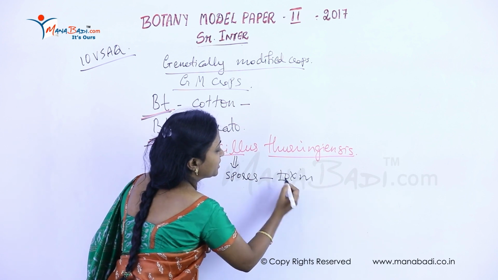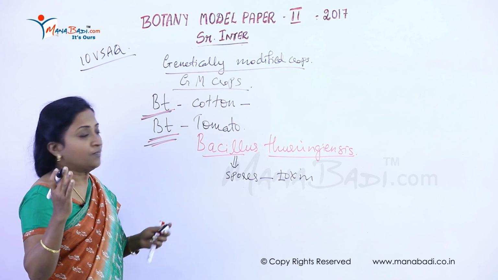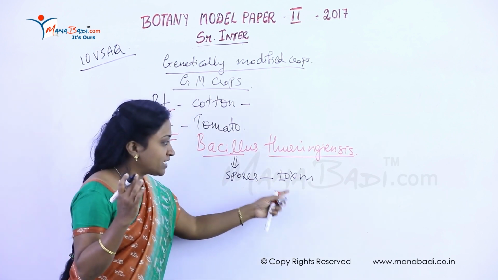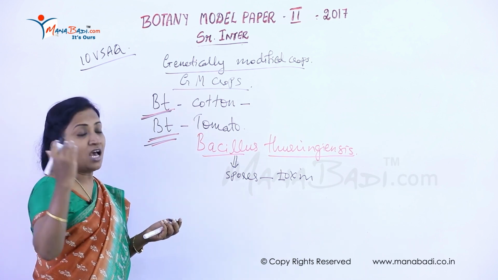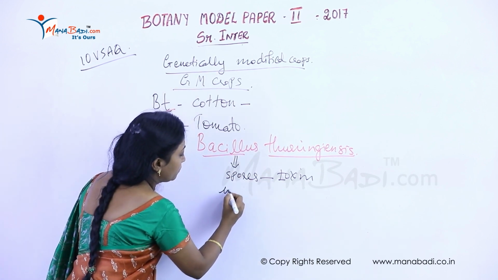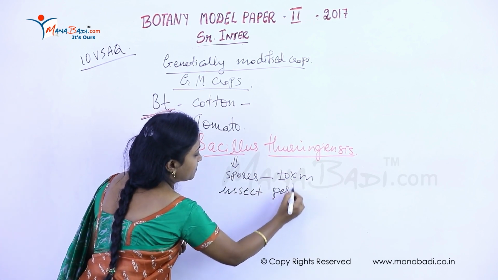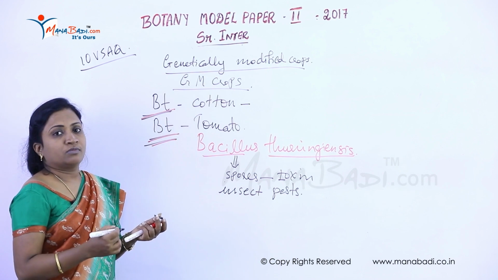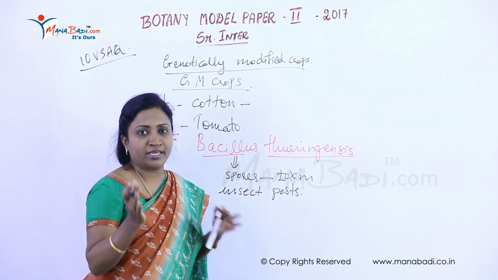Toxic substances are nothing but poisonous substances. These spores produce toxic substances, and these toxic substances are harmful to some insect pests, not to all the insects. We should be very particular over here.